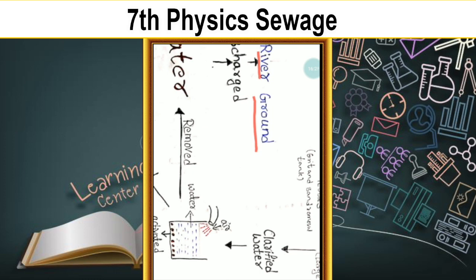So in this way the wastewater is first treated and then only discharged into sea, river or ground, so that there is no pollution, and especially waterborne disease should not occur.